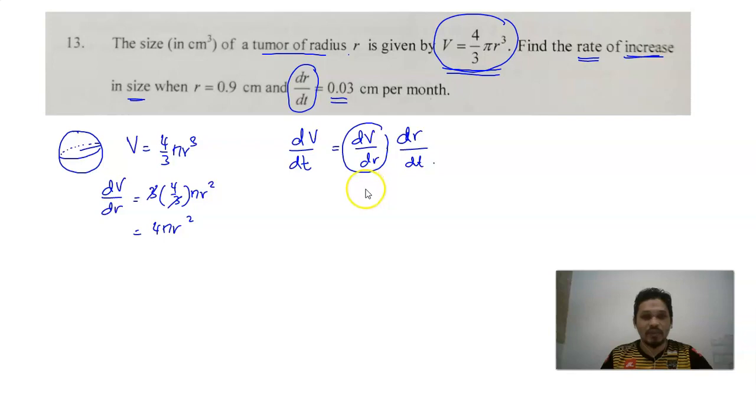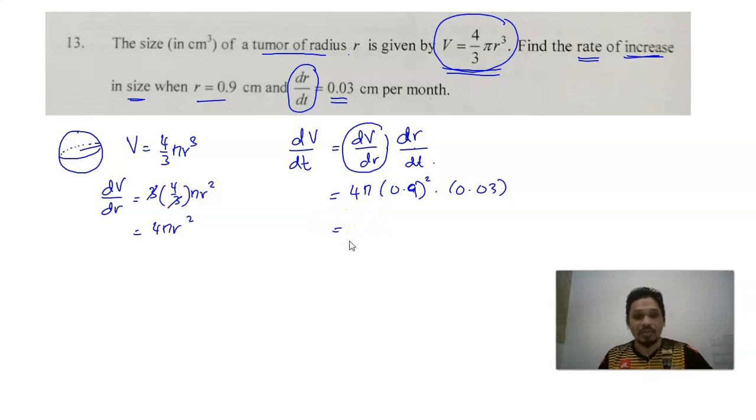So the question is not very difficult, it's easy then. So dV/dr is given here, which is 4 pi r squared, where r equals 0.9, and then dr/dt equals 0.03. Okay, so 4 pi r squared is dV/dr, and dr/dt is given in the question as 0.03 centimeter per month.